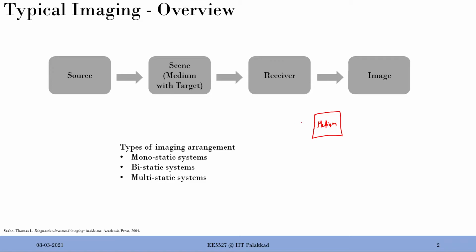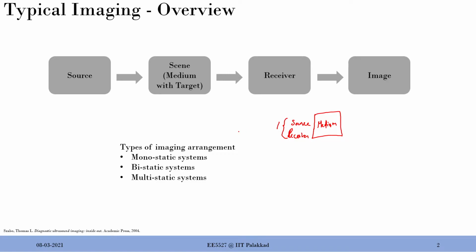It is known as monostatic if I have the source of disturbance and the receiver, and they are one and the same.